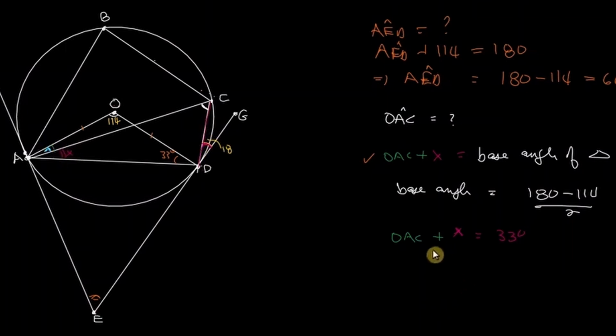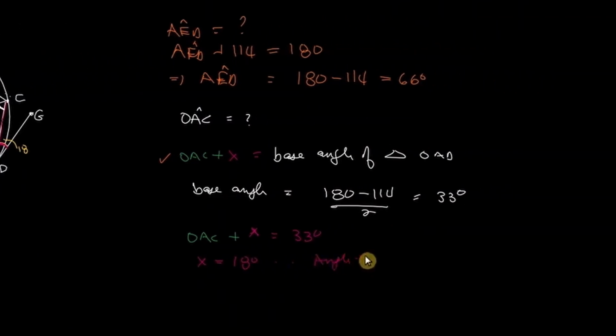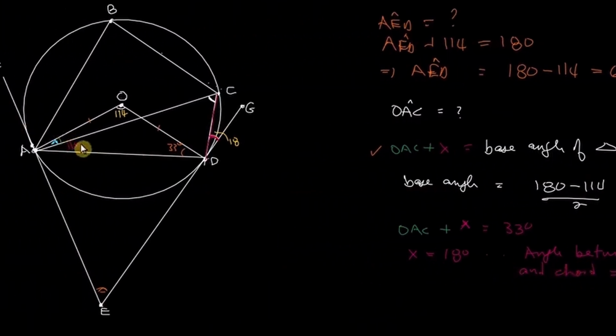So we could write that X is equal to 18 degrees because the angle between tangent and chord is equal to the angle in the alternate segment. So X, the denoted angle here, is 18 degrees.